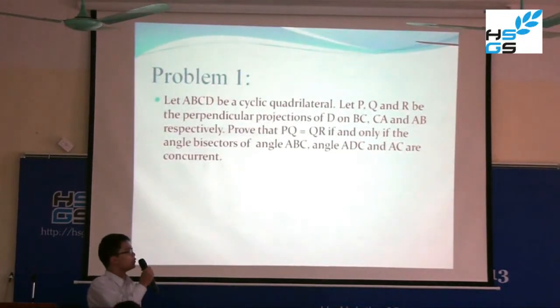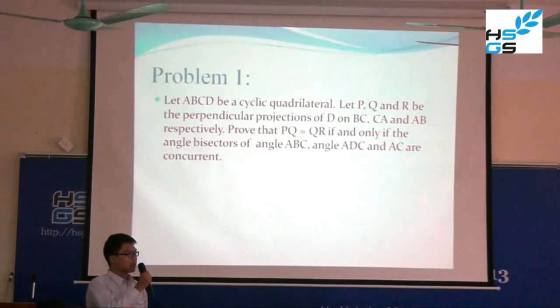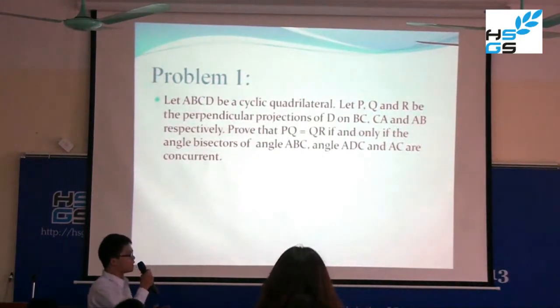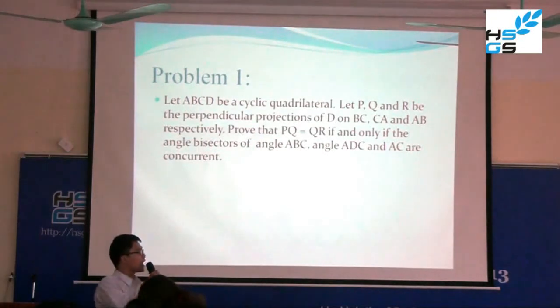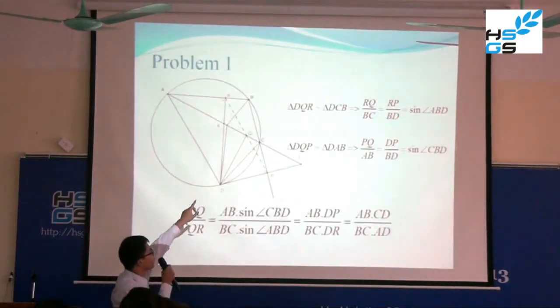Let P, Q, and R be the perpendicular projections of the point B to the lines BC, CA, and AB. Prove that PQ is equal to QR if and only if the angle bisector of angle ABC and the line AC are concurrent. Yes, it's a simple diagram.